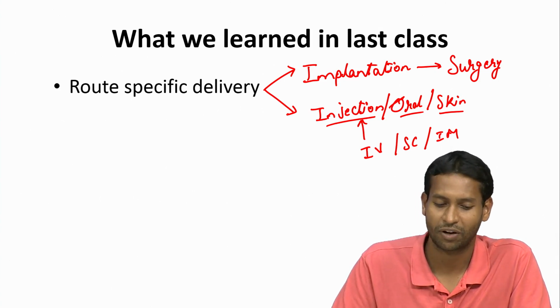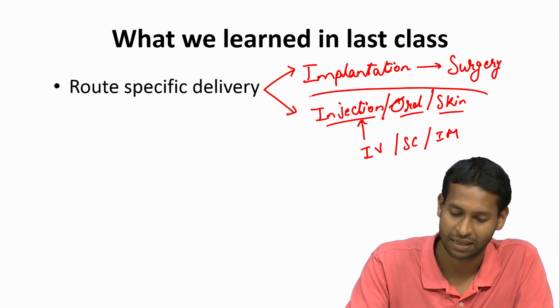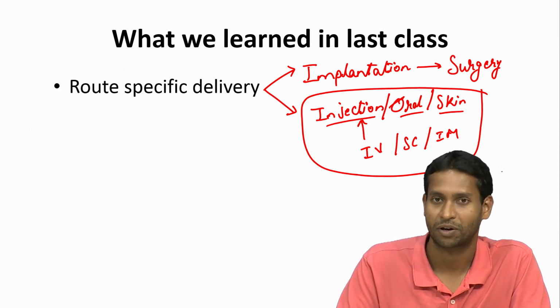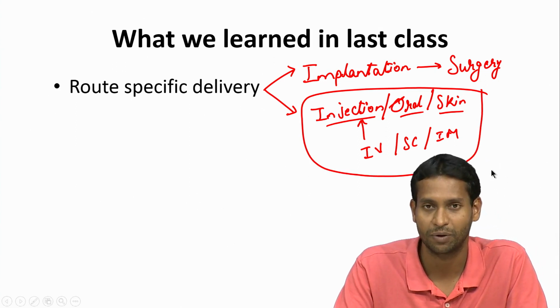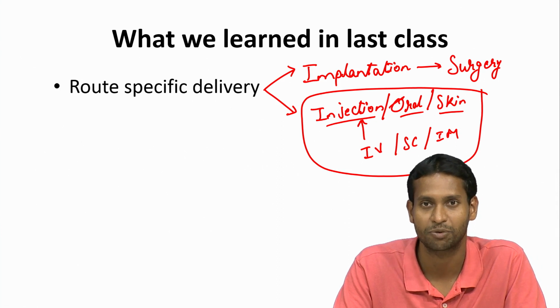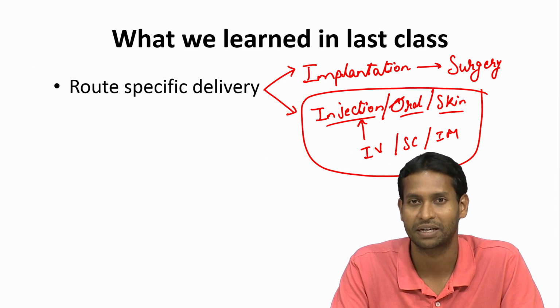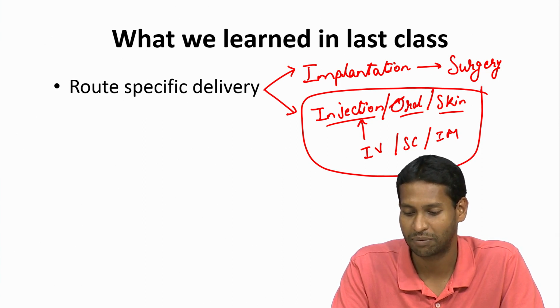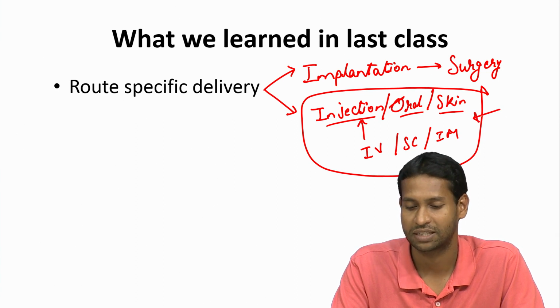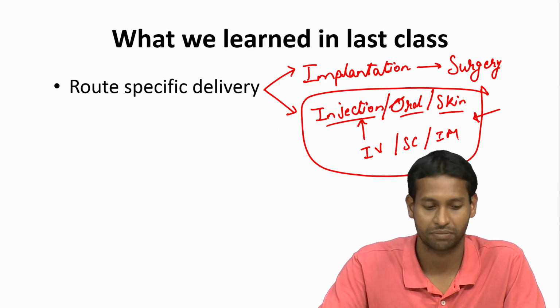And so, when we are talking about the route specific delivery, we are basically concerned about this section, because implantation again you can do at any point of time, but then surgery is much more invasive, and that then becomes defined by what is the application and why you want to do a surgery. But for more traditional and more advanced systems, we are more looking at injection, because this is more patient compliant, and depending on what route we choose, we can get it to various parts of the body.